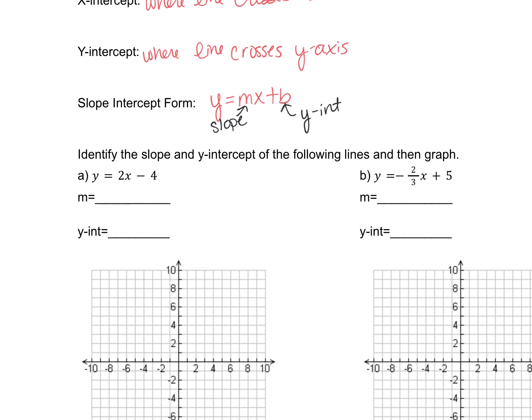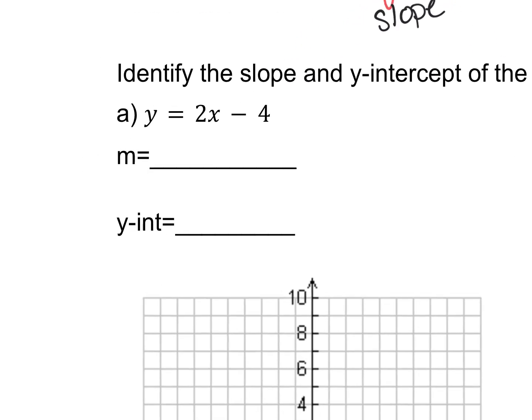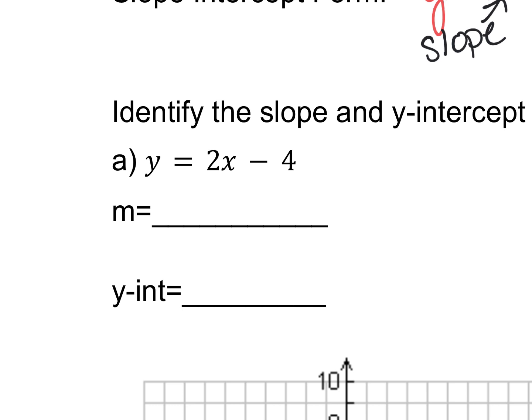So let's do a few of these. Identify the slope and y-intercept of the following lines and then graph. Where do you look for slope? Slope is the number in front of your x, so that would give you 2. And your y-intercept, where you start your graph, is at -4.